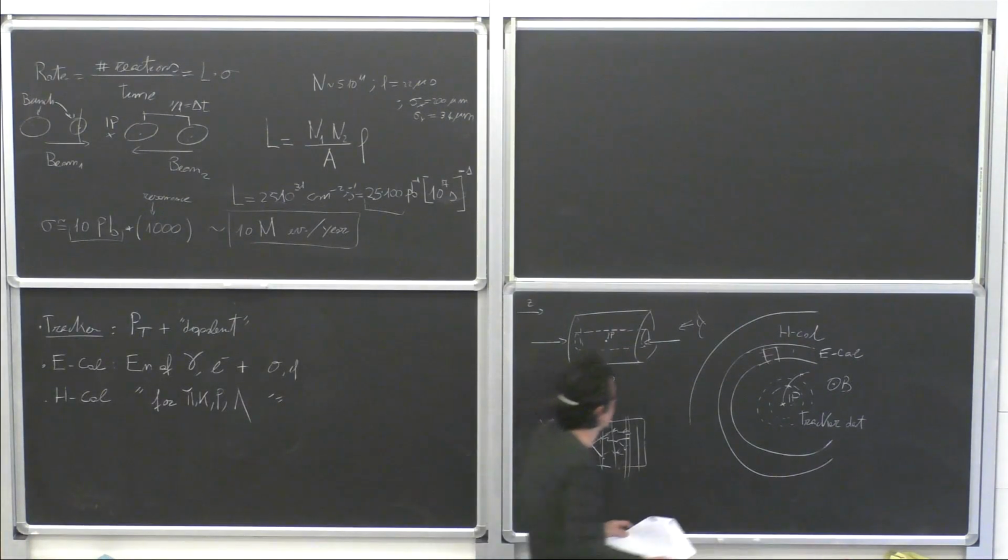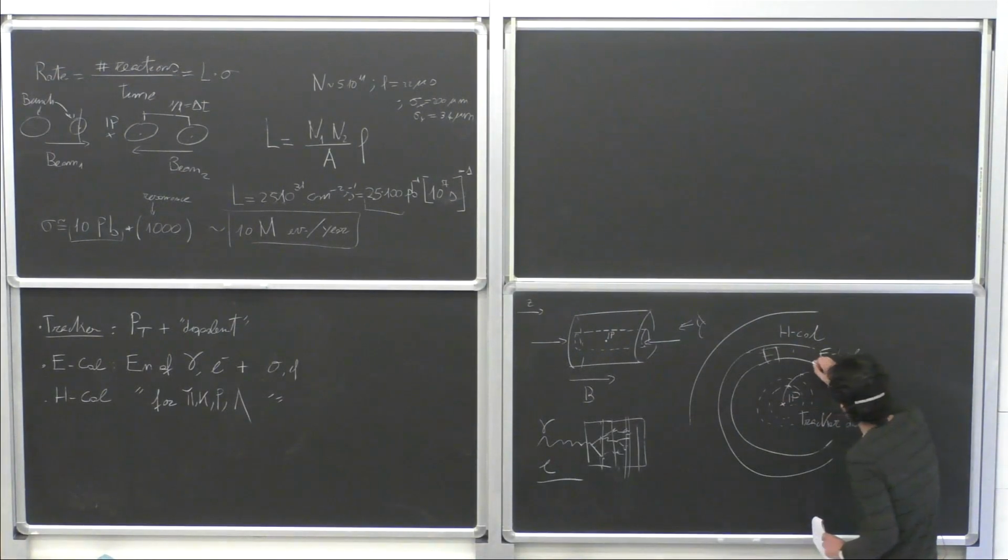Finally, one thing which people like to say because it's very simple is that this, for example, is what an electron will do. So an electron would make a bent track here because it's a charged particle, and it will also interact with the electromagnetic calorimeter and leave a hit here, okay, and then disappear, will be absorbed, okay.